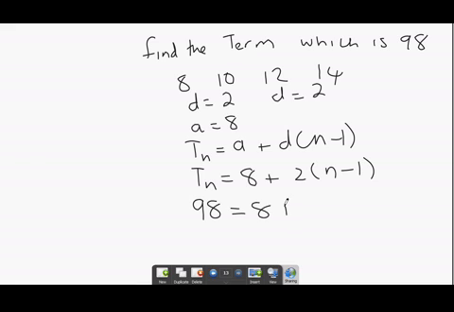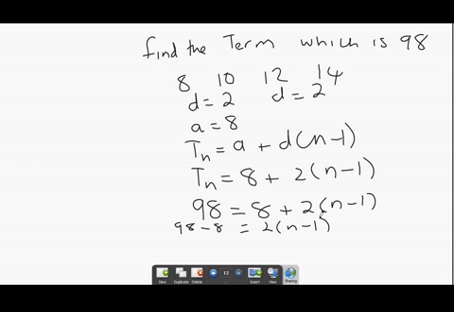This is 98 equals 8 plus 2 bracket n minus 1. Now I'm just going to solve this. It's a normal equation. So you're going to get 98 minus 8 is equal to 2 bracket n minus 1.